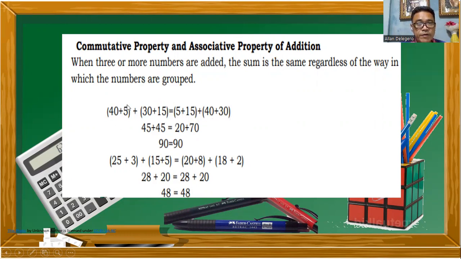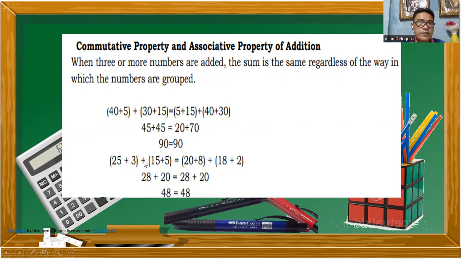So we will perform this first. 40 plus 5 is 45, 30 plus 15 is 45. 45 plus 45 is 90. 5 plus 15 is 20, 40 plus 30 is 70. 20 plus 70 is 90.